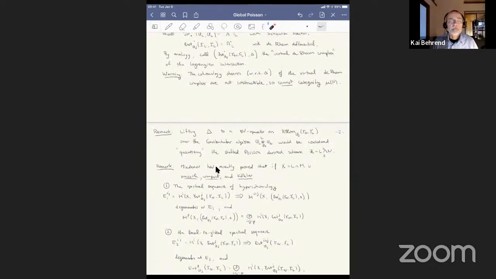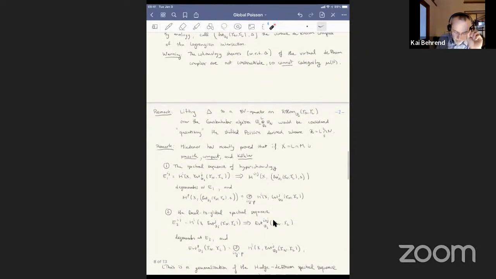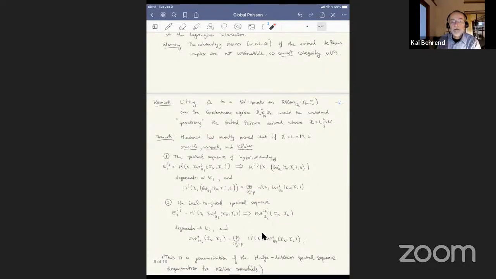Well, maybe I wanted to remark, this is kind of going off on a tangent, that there's a whole bunch of spectral sequences you can write down in this context, and people have been interested in this. There are some recent results by Mladenov on the degeneration of the spectral sequences.